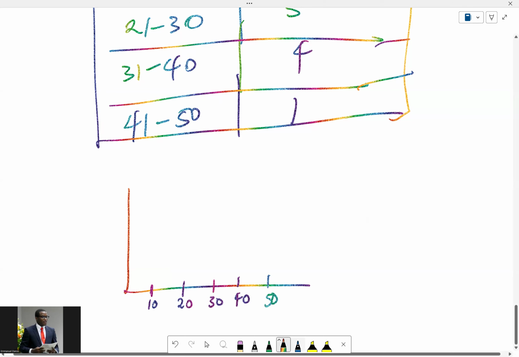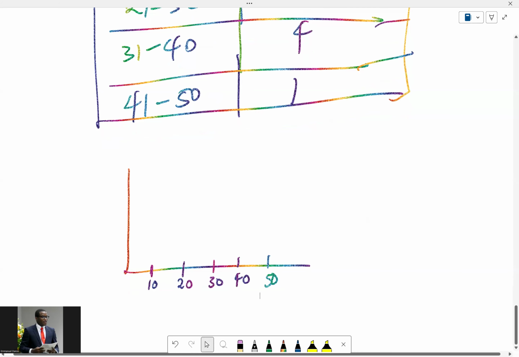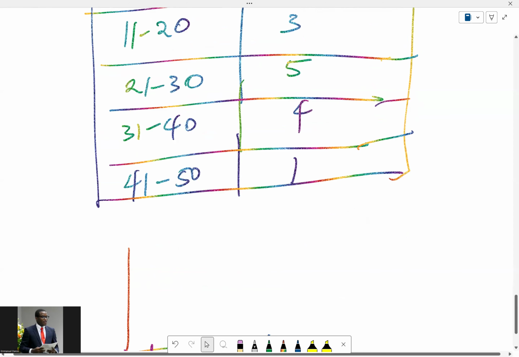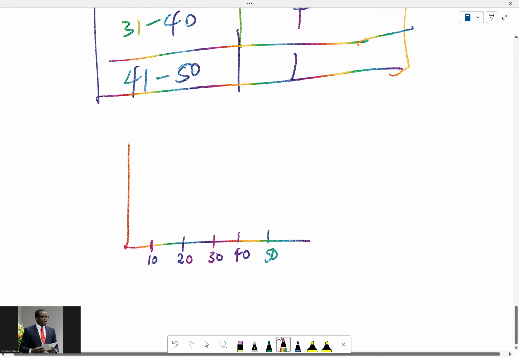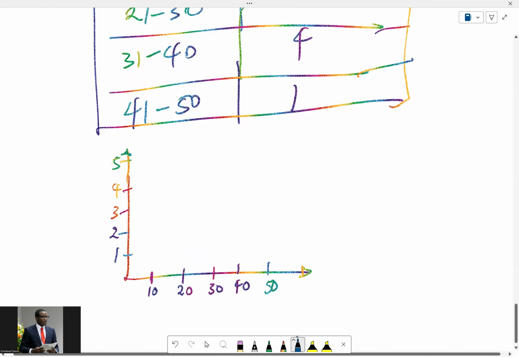If we need to do this now, 0 to 10 is only one. We also have to do the numbering here. Biggest is 5. So this is 1, 2, 3, 4, and 5. So 0 to 10, the frequency is 1.